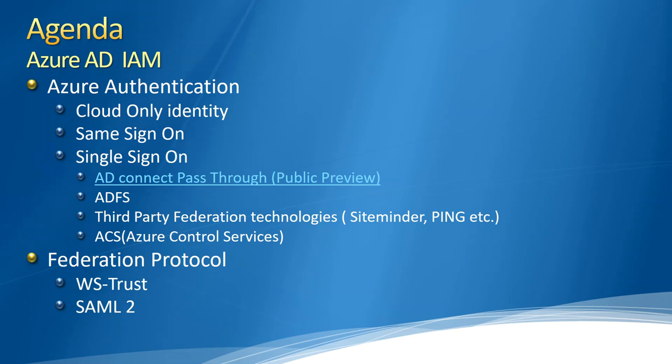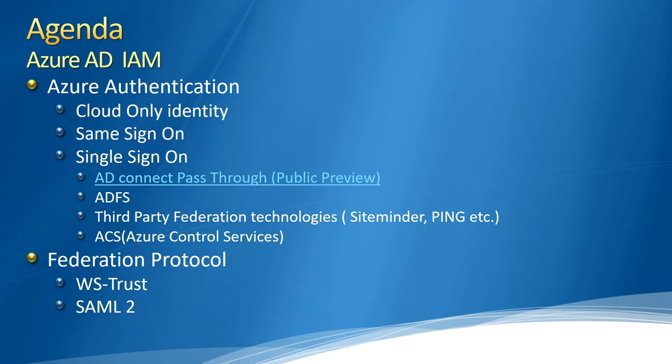The third one is single sign-on, and that's where our focus would be today. There are various ways you can set up your single sign-on. One that we are going to cover today is Azure AD Connect pass-through. That's a new feature, which was introduced by Microsoft. Earlier, if you had to set up your single sign-on, you would use ADFS or any kind of third-party federation technologies.